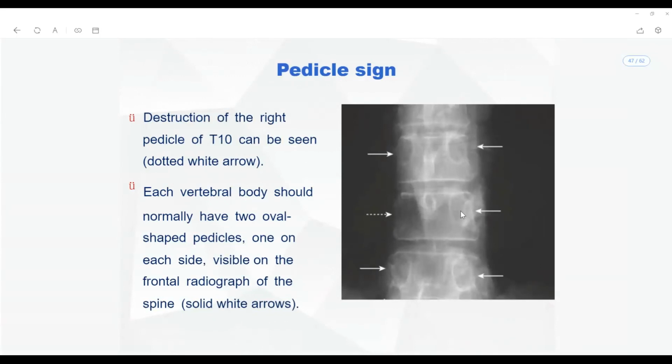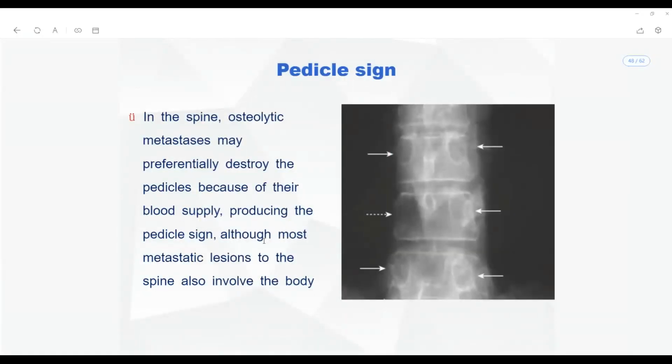So loss of pedicular density and osteolytic lesion on the vertebrae is called the pedicular sign, right? And the pedicular sign is indicative of osteolytic metastatic bone lesion, right?